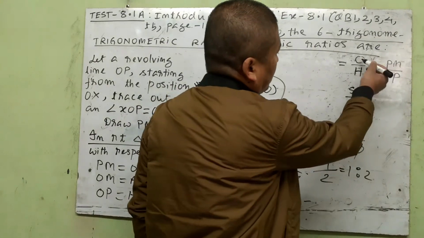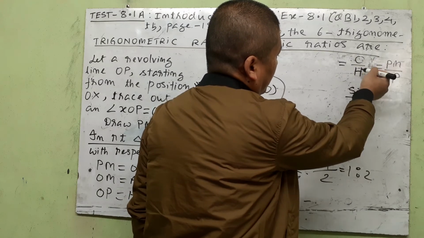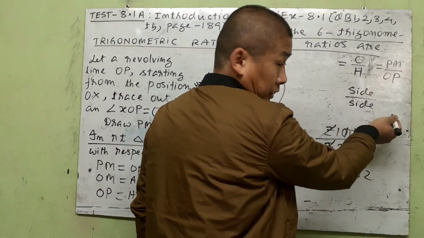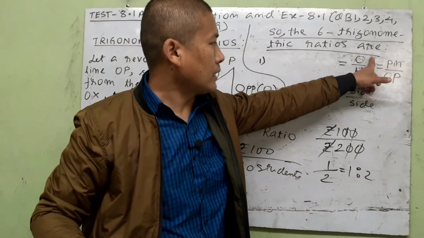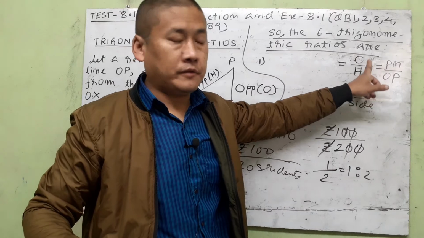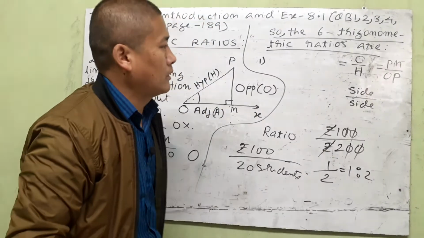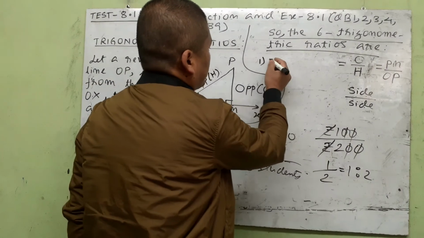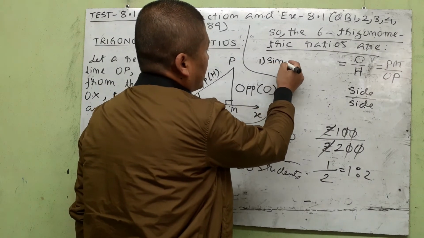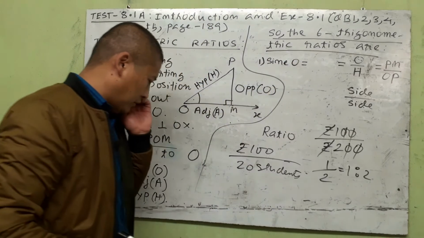So here, opposite side by hypotenuse side is a ratio, because it is a side of a triangle divided by a side. You're not dividing a side of a triangle by an angle of a triangle, you're dividing same type, side by side, so this is a ratio. We know now. Clear, right? So the name of this first ratio in trigonometry is called, spelling is SINE, sine O, the angle is O. So I'm using O here.